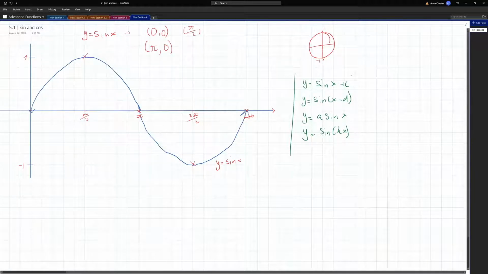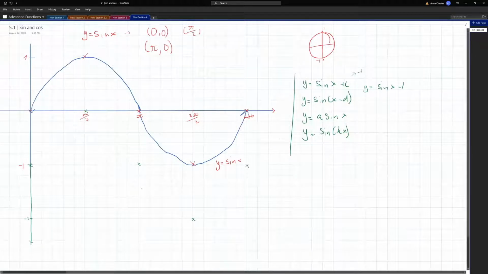If I wanted to, for example, move my function down by 1, we would write y equals sine of x minus 1. That would mean that every point that we had before gets moved down by 1. So instead of 0, we have -1. Instead of 1, we have 0. Instead of -1, we now have -2. So we could continue this and then label it, this is -2 now.